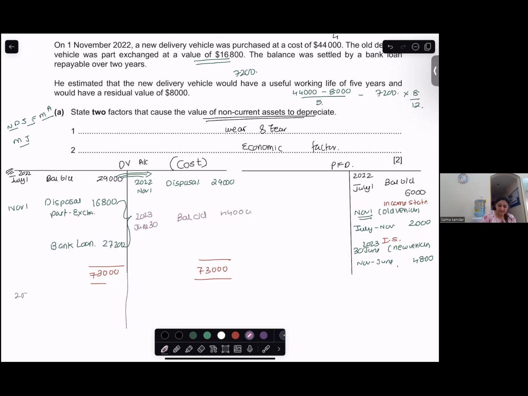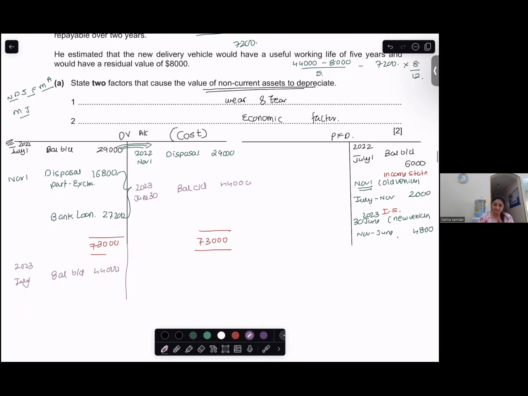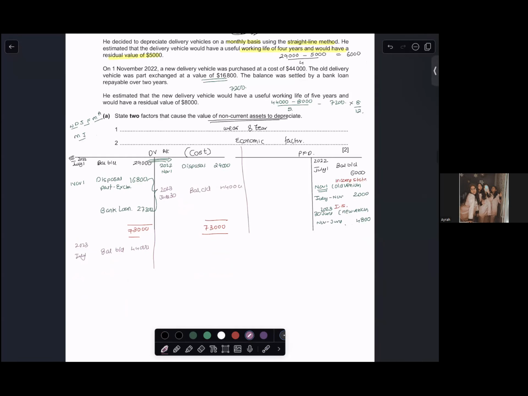And 2023, July 1, you will have balance brought down. Total is 12,800.